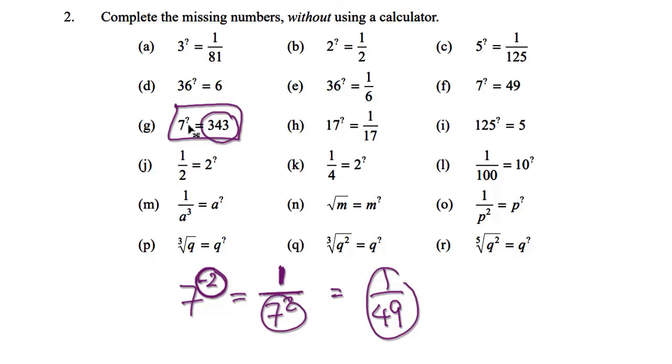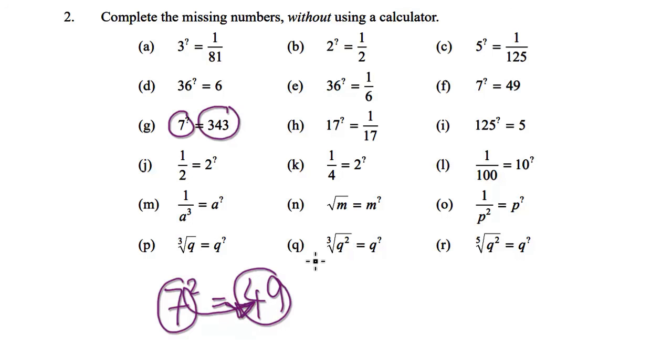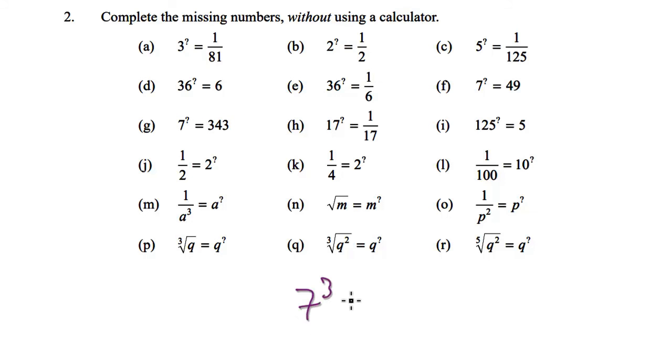Let's try 2. 7 to the power of 2 is 49. Well, you can see from 7 it's getting bigger, but this number is much, much bigger. So try 7 to the power of 3 or 7 to the power of 4 or whatever. You might have to work it out by hand.